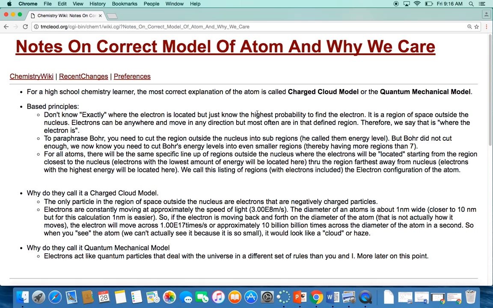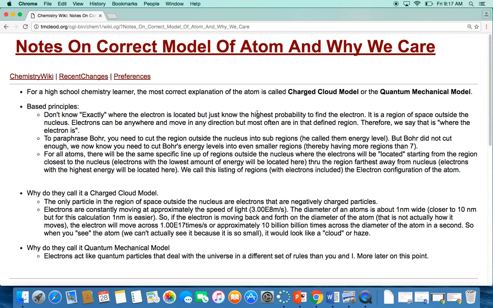What Bohr has done is basically cut up the outside of the atom into these concentric spheres called energy levels. But where the electrons are in those energy levels we never know.